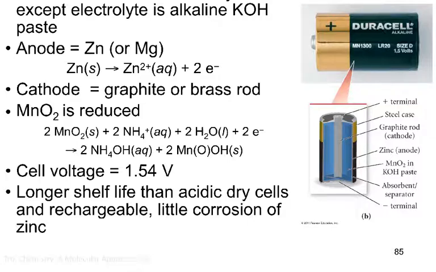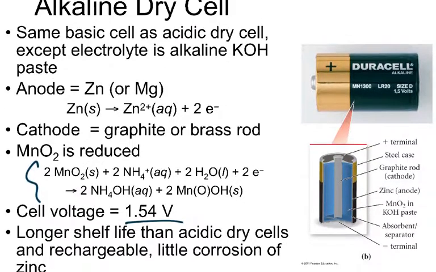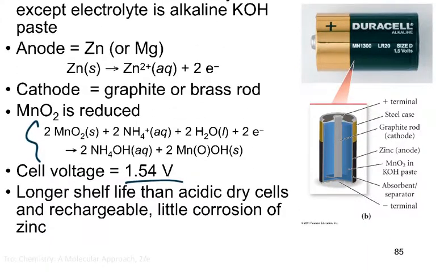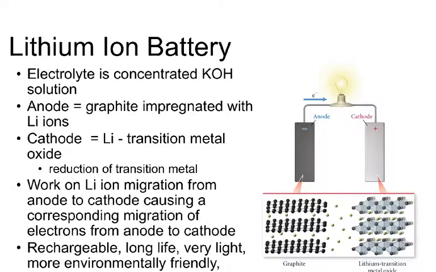And if you look at this reaction, look up the numbers. The cell voltage is 1.54 volts, and they have a nice long shelf life, rechargeable, not a lot of corrosion associated with them. This is comparing them to acidic dry cells, which are not generally commercially available.